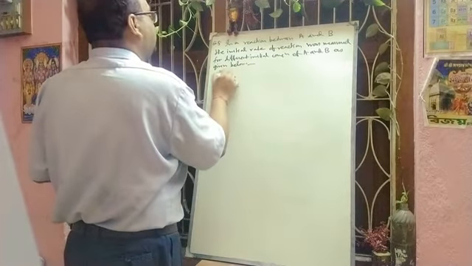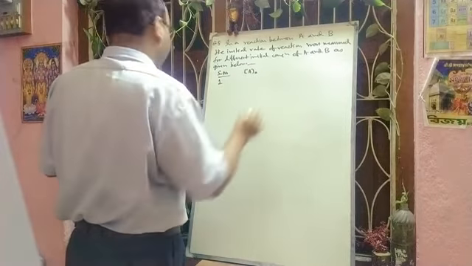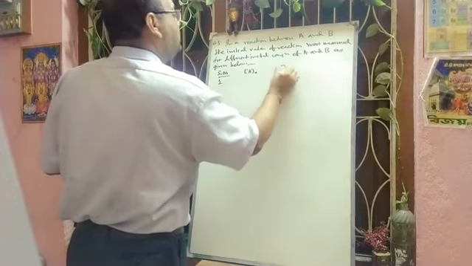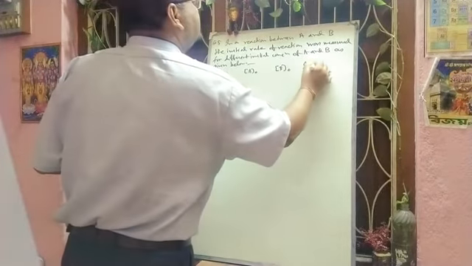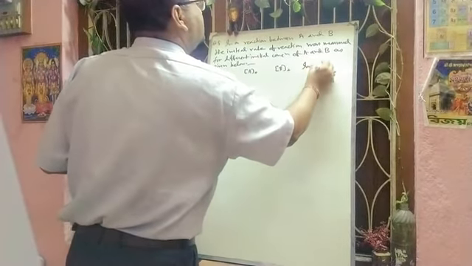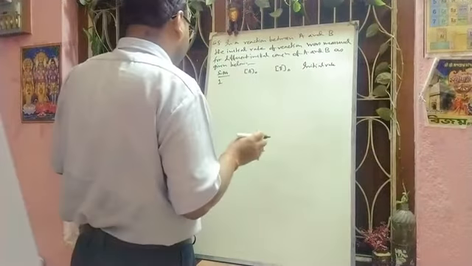The serial number is given, then A0 concentration, B0 concentration and initial rate. That will be in mole per second inverse.